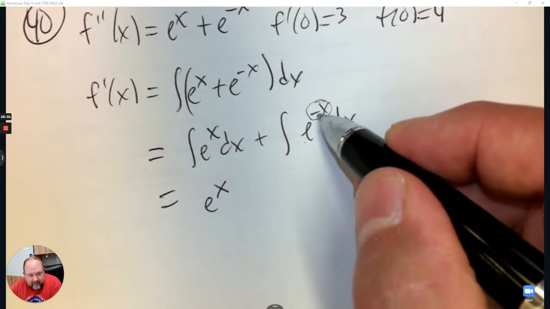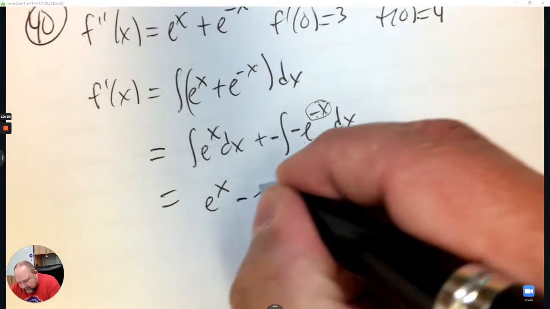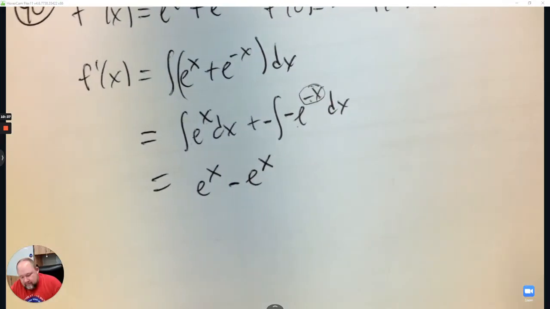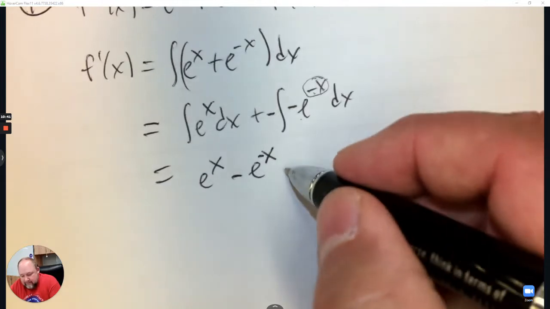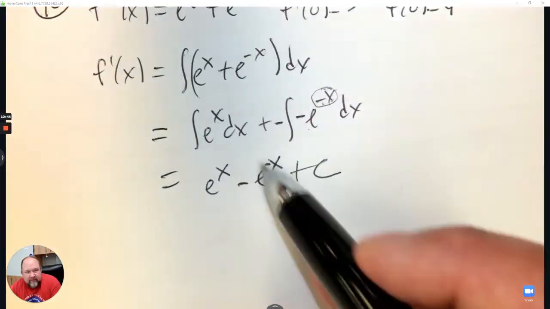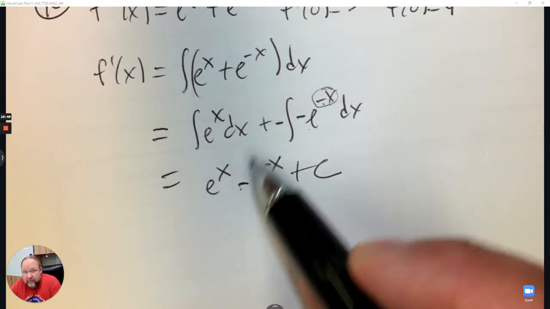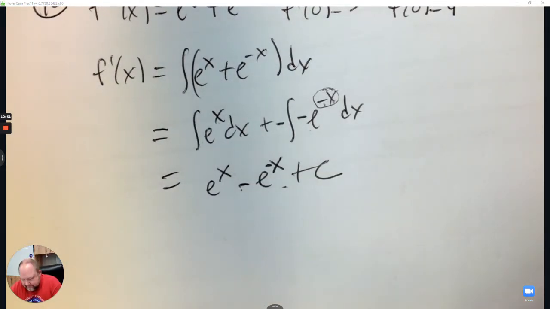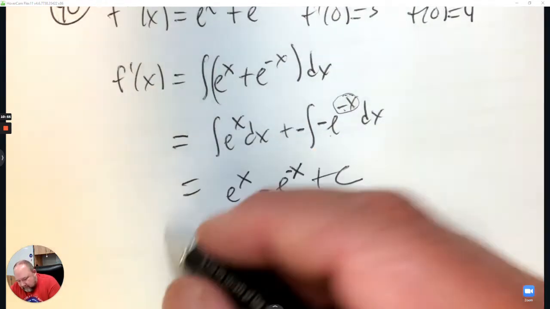The derivative of negative x is negative 1, so we need a negative in front. So this is going to be negative e to the negative x, plus c. The derivative of e to the negative x is e to the negative x times negative 1, which makes that positive, so they match. And then we plug in to find c. So we make it equal to 3.